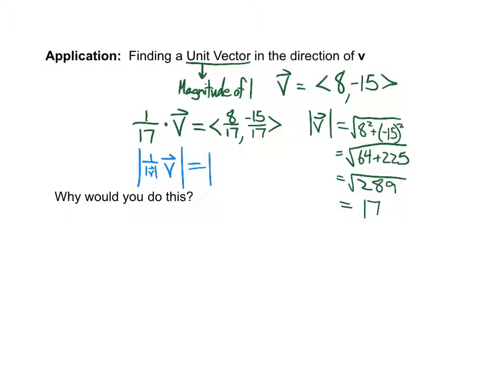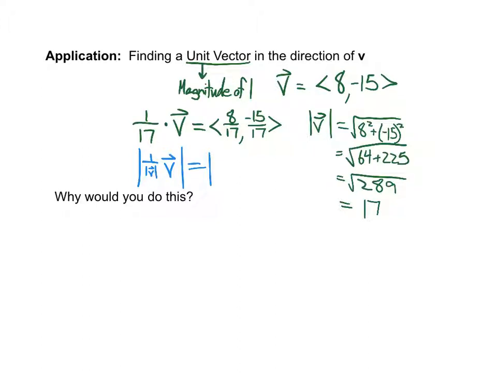But its magnitude was 17. You make it whatever you want. Well, if we make the magnitude equal 1 first, what could we then do with that vector if we want the magnitude to be something else?